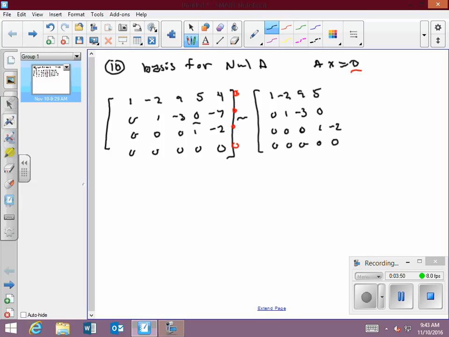So this remains a minus 7. Okay, now I got to get rid of this 5. So I multiply the second row by minus 5, makes this 0, and then minus 5 times minus 2 is a plus 10, and this is 14.